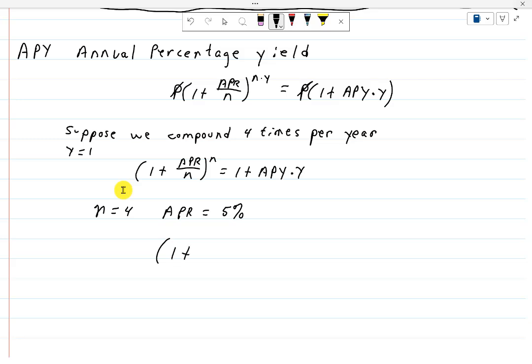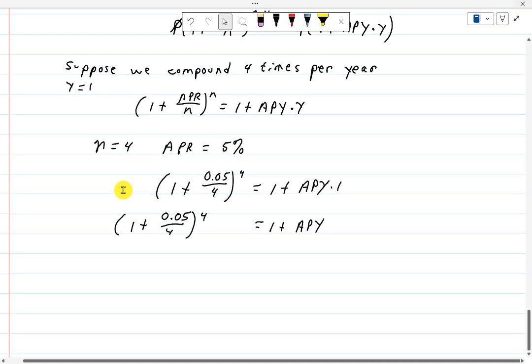So we have 1 plus 0.05 divided by 4 raised to the 4th power, and that equals 1 plus APY times y. So I can see where I can get the APY from. If I simplify over here, 1 plus APY equals this stuff. And then I can subtract 1.